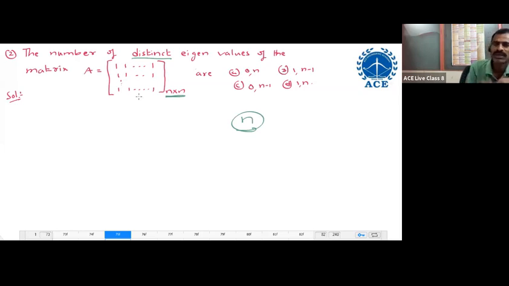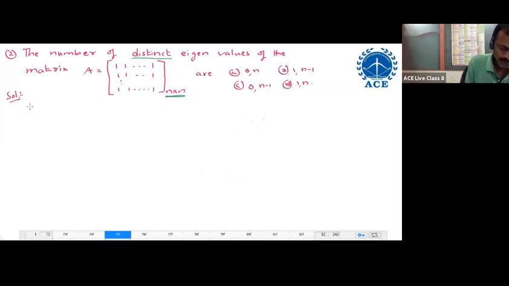So this matrix will have only 2 different eigenvalues, and we have to find them. But finding the determinant of A minus lambda I equal to 0 is not easy, because it is nth order. That is why we choose a particular order matrix and generalize for the general order.